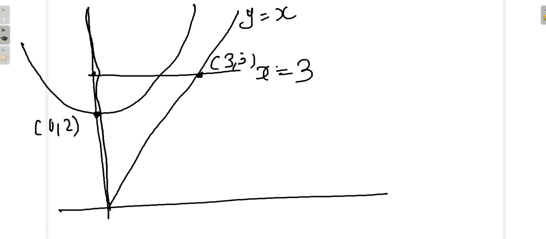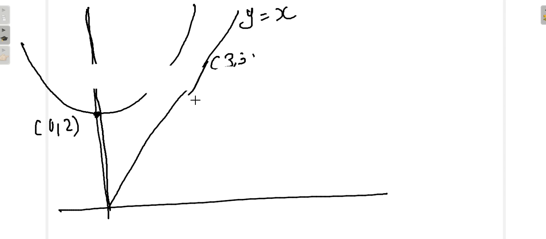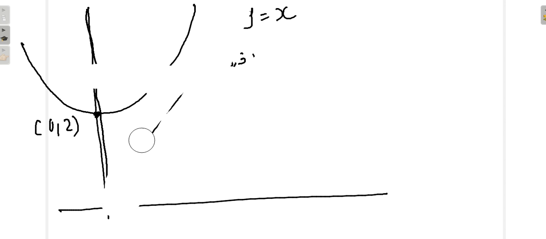X equal to 3 is parallel to y axis. Sorry, my mistake.